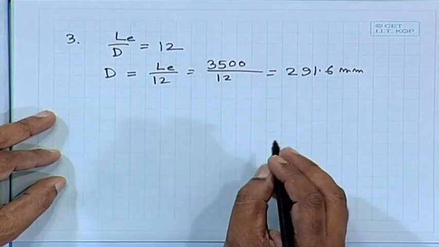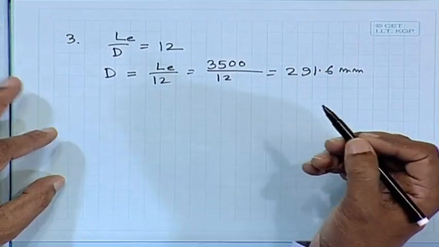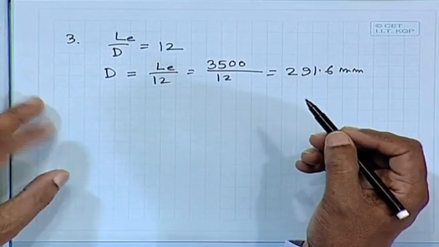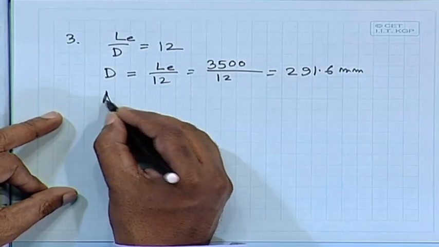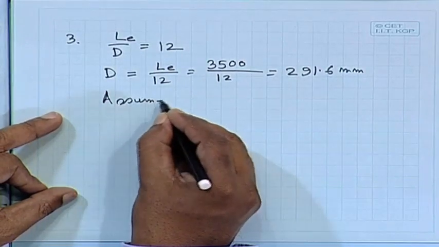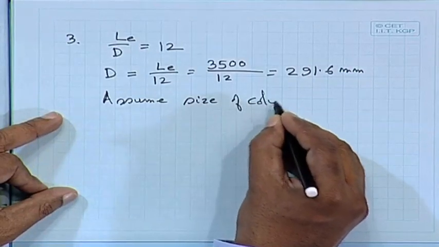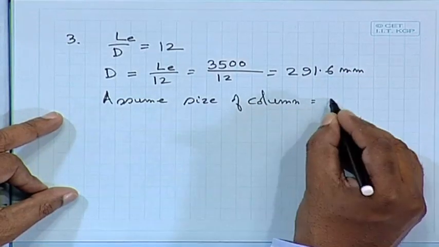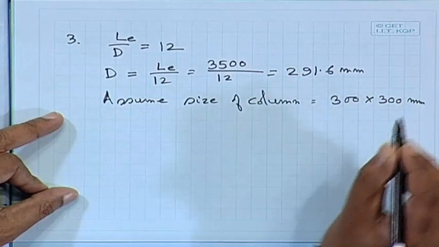So, we can assume size of the column 291.6. Why shall I not go to 325 or 350? For the time being, let us assume size of column 300 by 300.